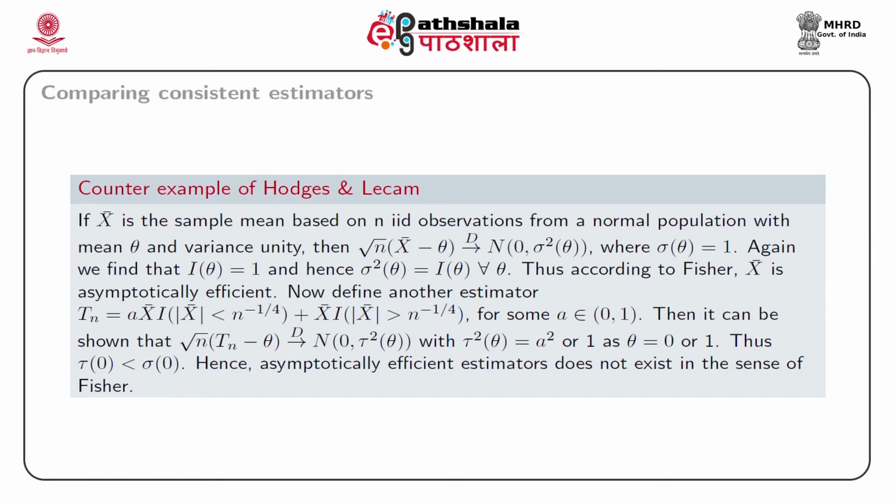That is, they have defined some Tn and showed that in the large sample Tn has an asymptotically normal distribution, but for some value of theta this asymptotic variance is less than the asymptotic variance of the original estimator. So this means even if we can find some estimator whose large sample variance equals the information bound, we can still obtain another estimator whose large sample variance is less than this variance, at least for some point of theta. So asymptotically efficient estimators do not exist in the sense of Fisher.